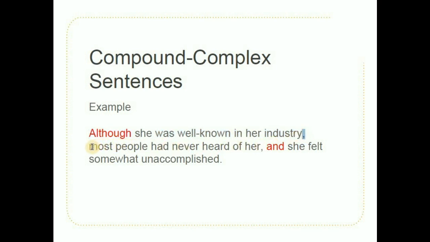What happens next is an independent clause: most people had never heard of her. And we join another independent clause by using a comma and the word and. We can tell then that these 2 sentences are the most important, and this is a supporting sentence. There are 3 clauses altogether.